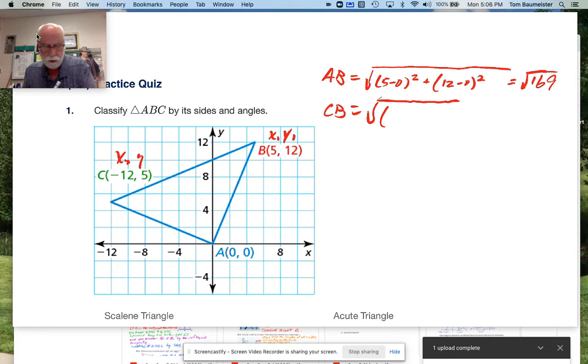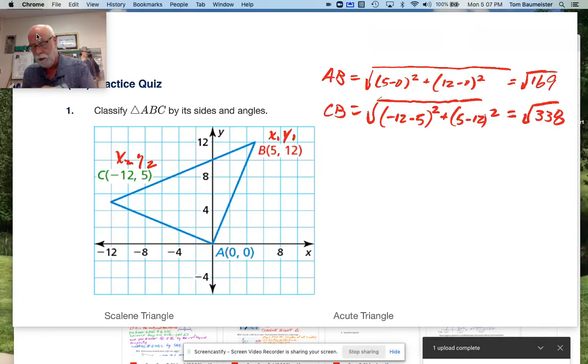So in this case, it doesn't matter which one you choose to be x1, y1, and which one to choose x2, y2. You just have to be consistent. So on CB, I'm going to have negative 12 minus 5 quantity squared plus 5 minus 12 quantity squared. And if I work on that one there, I'm going to get the square root of 338.